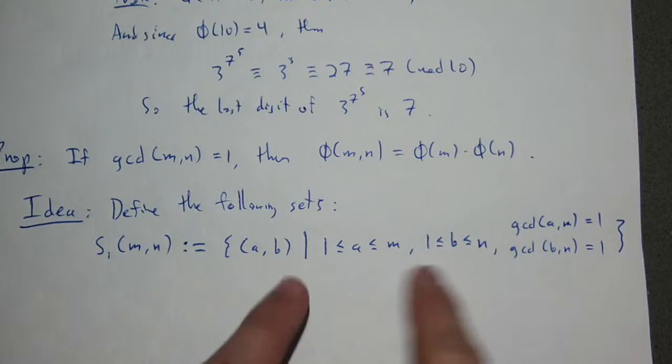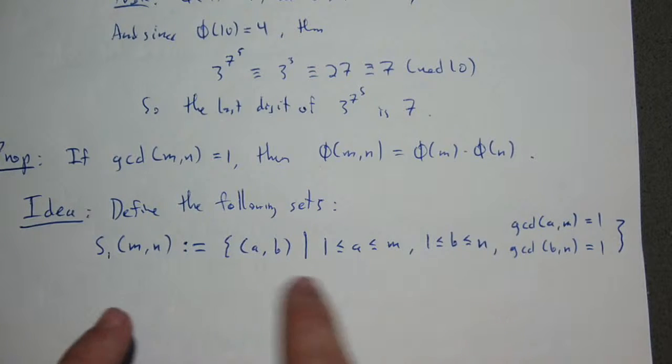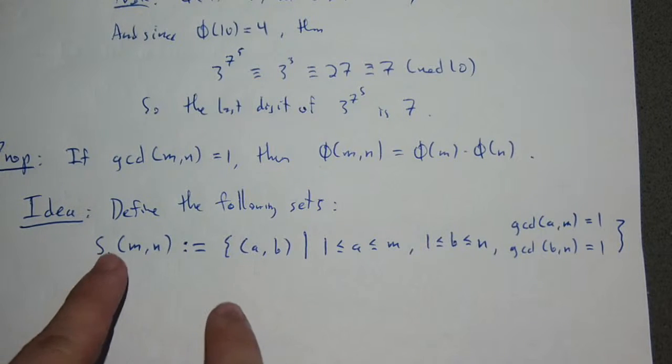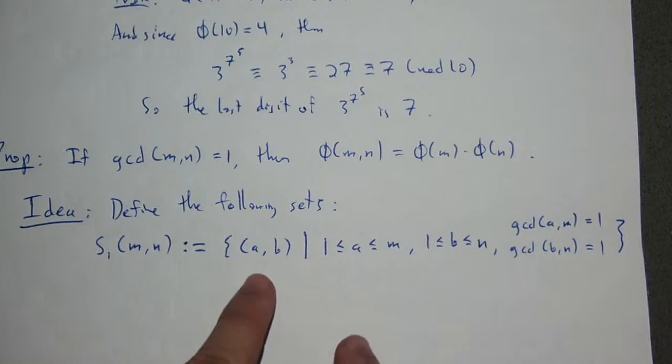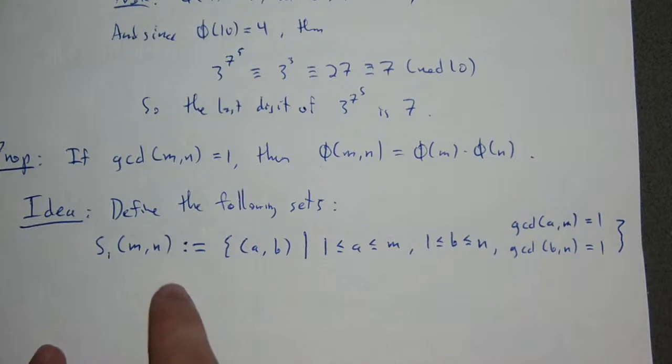These slots are kind of independent of one another. The first slot has to do with its relation to m, and the second slot has to do with its relation to n. In fact, this is a finite set, of course. Given an m and n, it has a finite number of elements, and I can just count them.